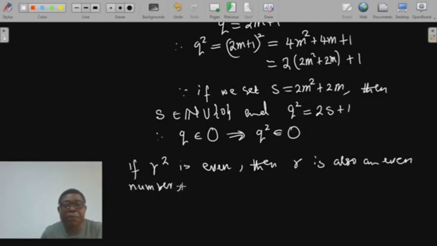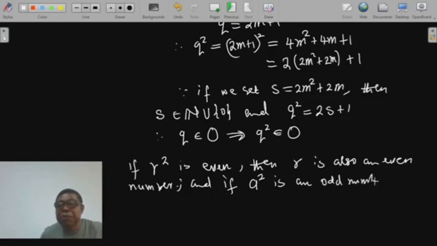And then if A is so that A squared is an odd number, then A itself is also an odd number.